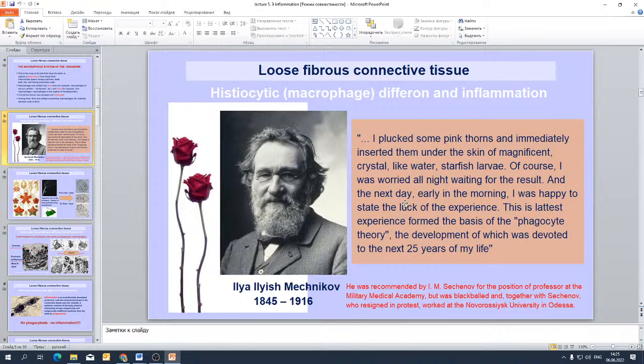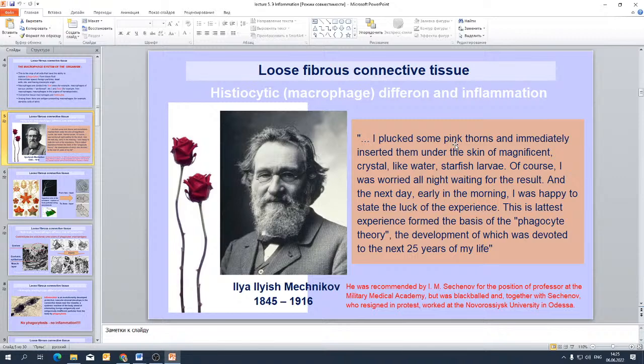Ilya Ilyich Mechnikov wrote: I plucked some thorns of a rose, this mistake, pink and rose, similar in the Russian language. Pink, the color pink, and the flower rose.